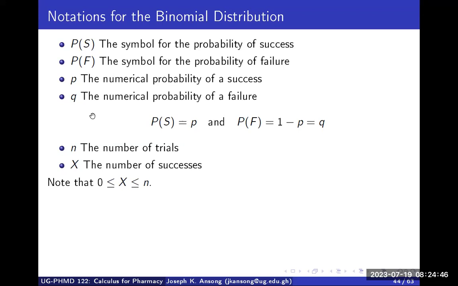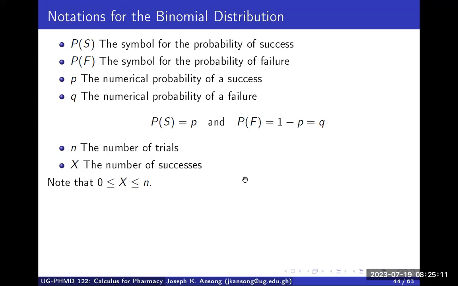So the probability of success is p. And the probability of failure, remember, is the complement, so it is 1 minus the probability of success, and it's often called q. So q is 1 minus p. n is the number of trials. X is your random variable, the number of successes.